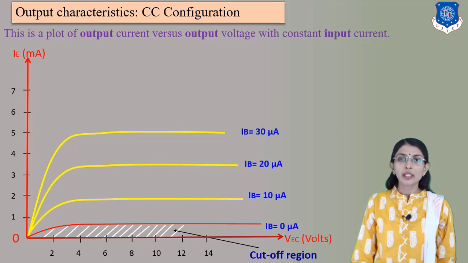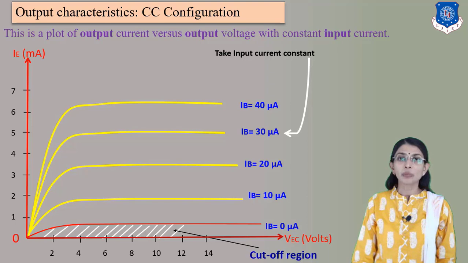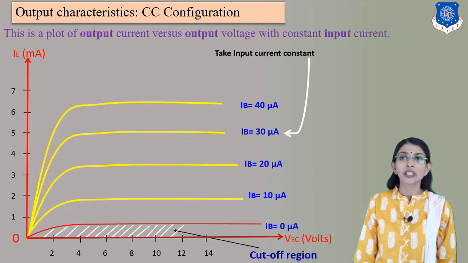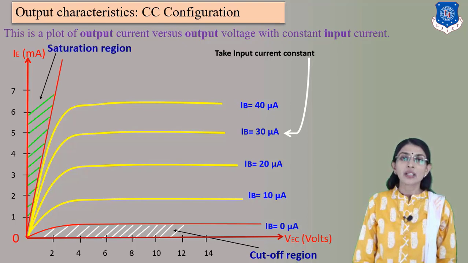IB equal to 30 microampere, IB equal to 40 microampere. Take different constant input current values and we are getting different curves in the output characteristic. From this output characteristic, initially at some particular voltage of VEC, we are getting the highest and increasing output current, that is IE, and that region is known as saturation region.